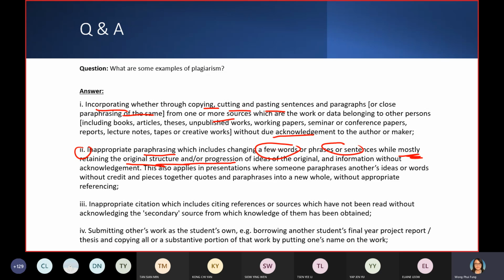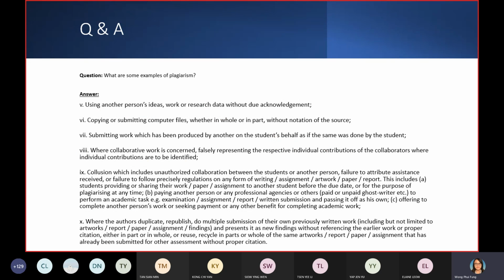You can get the idea, but the best way is to use your own words, your own sentences. Do not copy, because even if you change a few words, a few sentences, this one is also considered plagiarism. Okay, so for number 3, number 4, and the rest, please read it. What are the examples considered plagiarism?